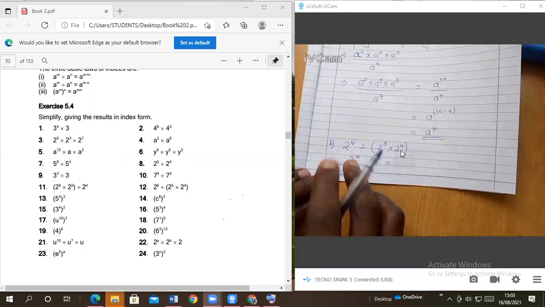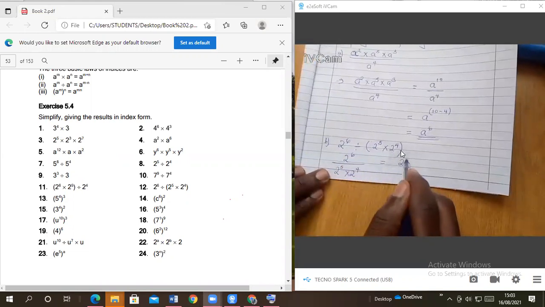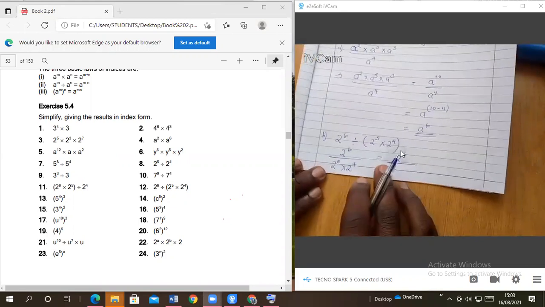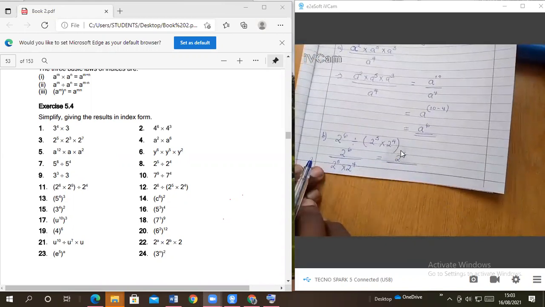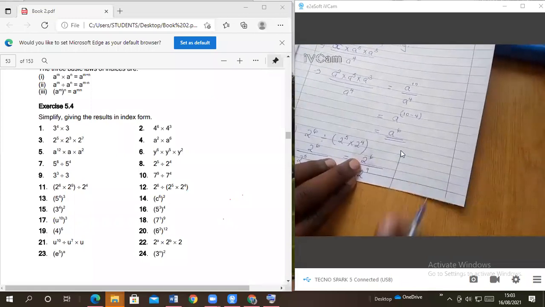When you look up, we have just an index, so we just leave it like that. 2 to the power 6 divided by... now when you look down here, we have indices. Since we are multiplying, we add the powers. So this gives us 2 to the power 9.